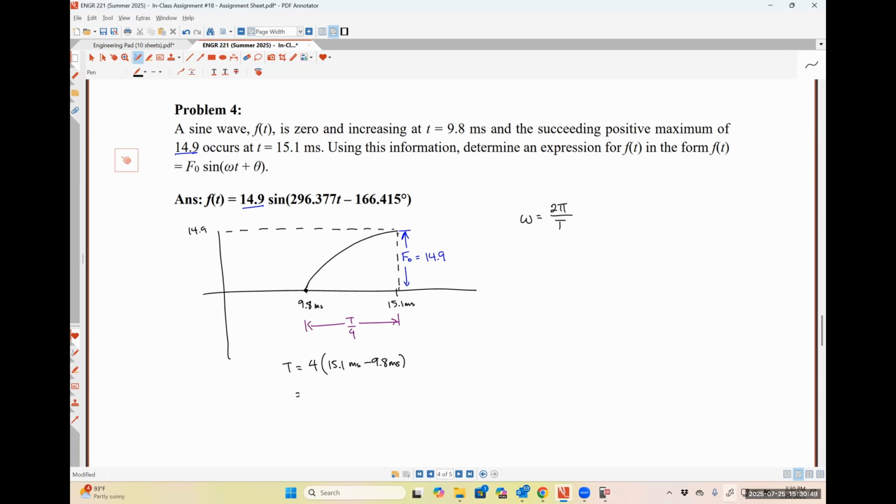If I put this in my calculator, because I can't do that in my head, the period is 21.2 milliseconds. So if we do 2 pi over 21.2 times 10 to the minus 3, we get an angular frequency of 297.7.